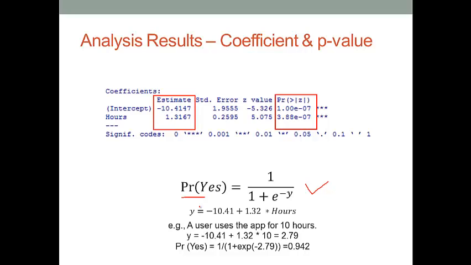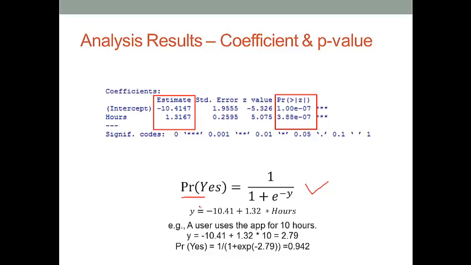This probability equals 1 over 1 plus e to the power of negative y. In this equation, we already know all values except for y. We already know e. E in mathematics equals about 2.79, right? This is a constant value. What we don't know though is the y value. How can we calculate y?